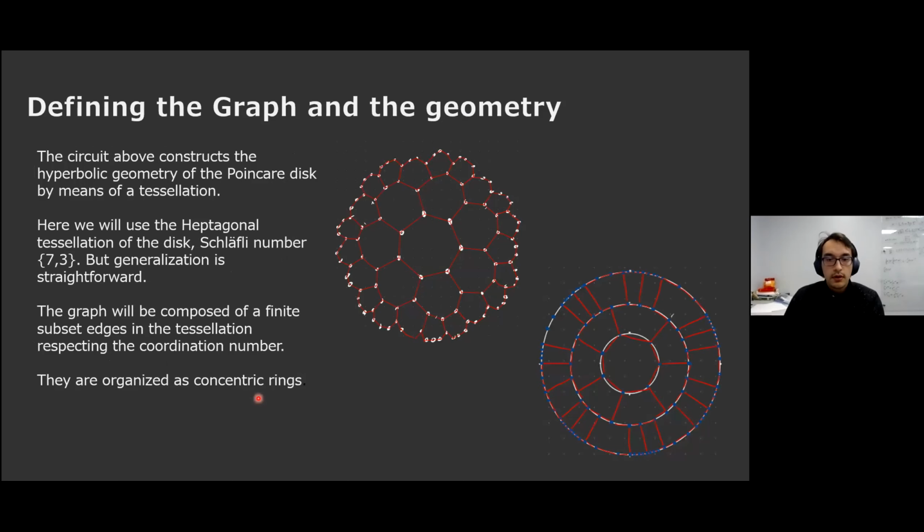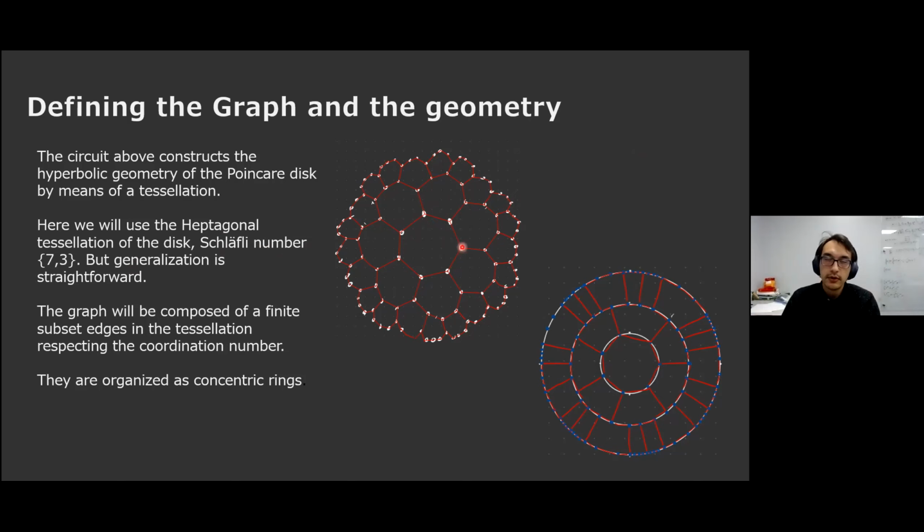Okay, so first, let me start by defining the graph that we will be studying and the link geometry that we're going to give to it. The circuit that I showed above is a series of resonators arranged in one of the tessellations of the Poincare disk. Specifically, they use the 7-tree tessellation, which is built out of heptagons, and each point has 3 neighbors. Formally the tessellation has an infinite number of points, but the graph that we will take cuts the tessellation at a certain level, so we will only have a finite number of points.